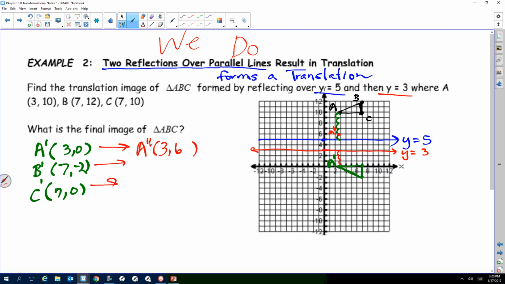And then what's the ordered pair for the C double prime? Count. Physically count if you have to. You should probably see a pattern. This one, C should be (7, 6). And then what's the B going to end up being? (7, 4). Right? Because it's just going up 6.